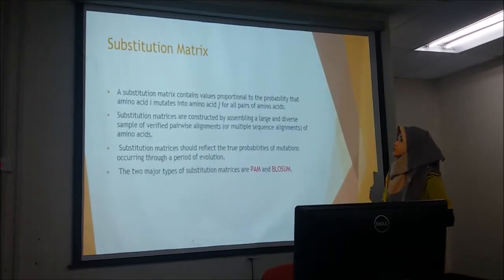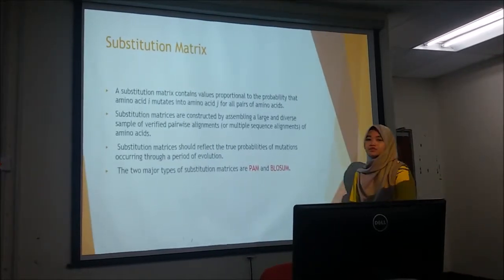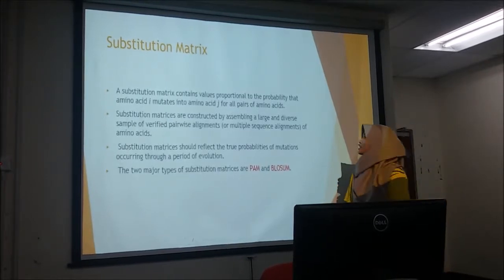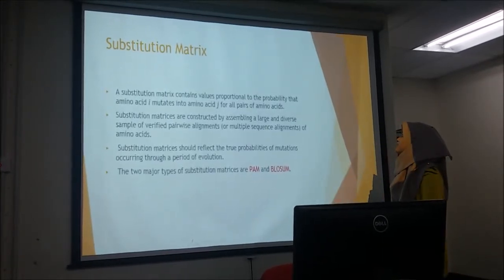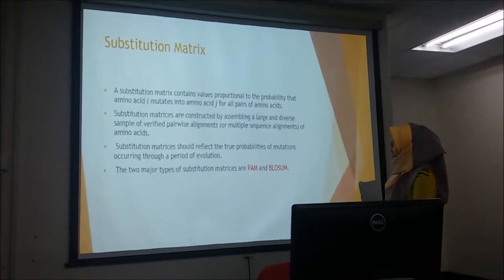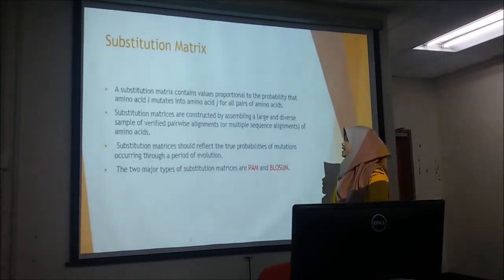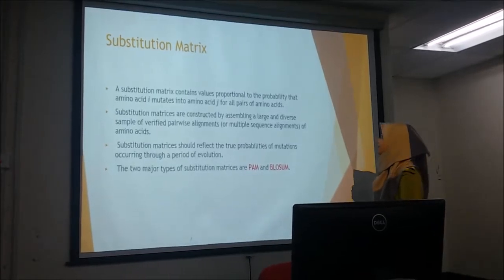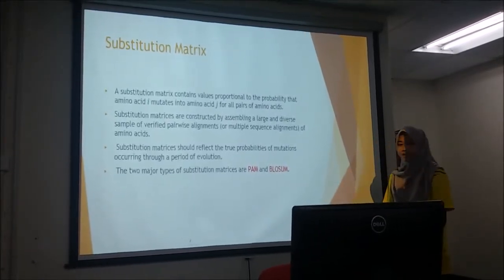Okay, for the substitution matrix, a substitution matrix contains values proportional to the probability that amino acid I mutates into amino acid J for all pairs of amino acids.